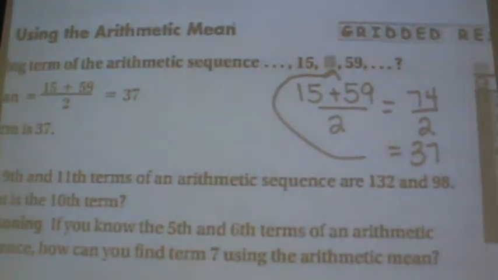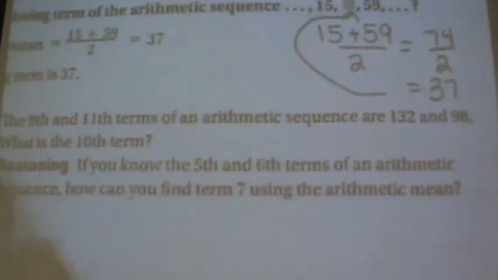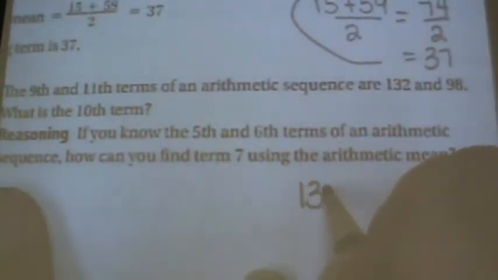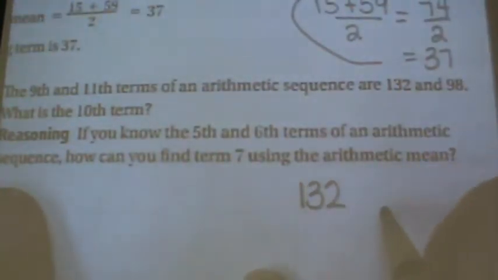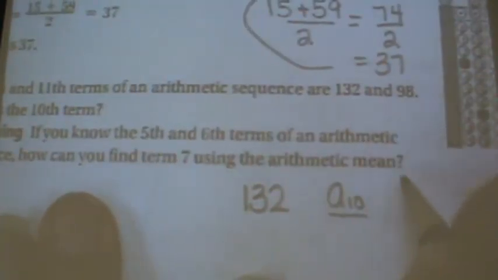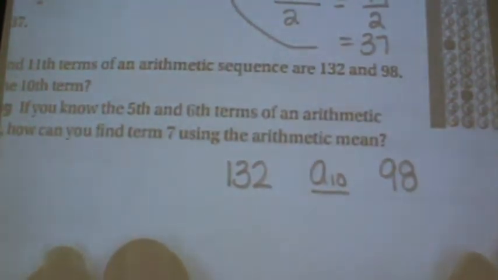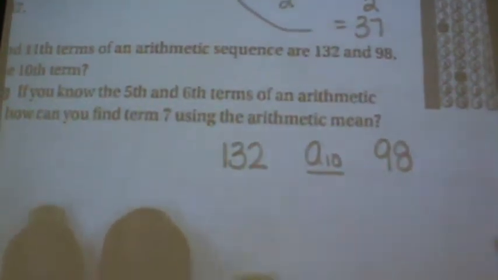Okay? Let's try 3A. The 9th and the 11th term is given. So the 9th term is 132. The 10th term, we need to figure it out. And the 11th term is 98. How are you going to find out the middle term?